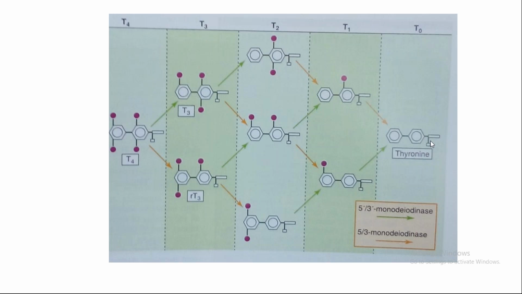So iodine is separated and thyronine is also separated. One by one, the iodine is removed by the deiodinase enzyme at the 3 and 5 positions. Ultimately this is converted to T3, T2, T1, and T0.